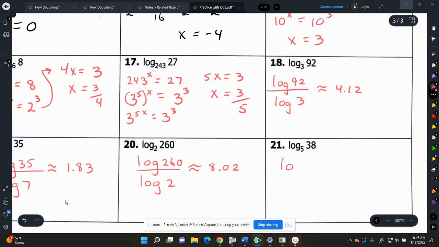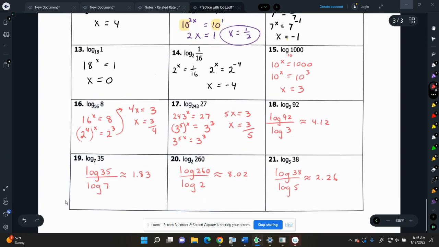And 21, we've got log 38 divided by log 5, which is approximately 2.26. Okay, questions on this first worksheet?